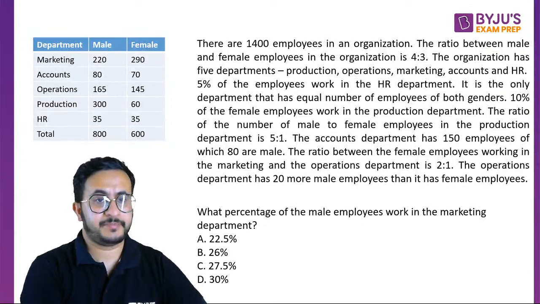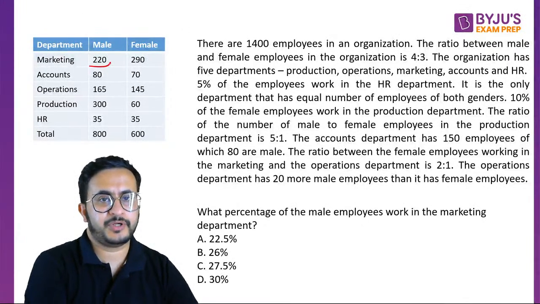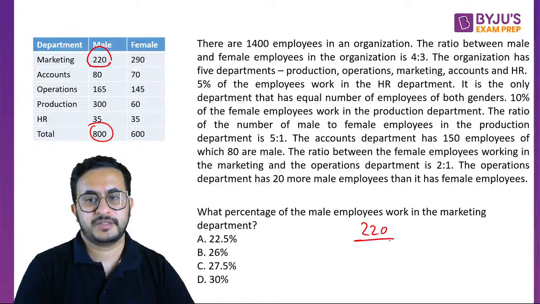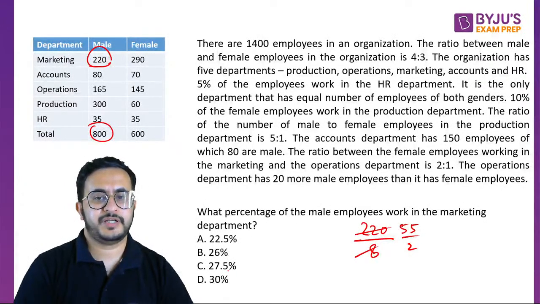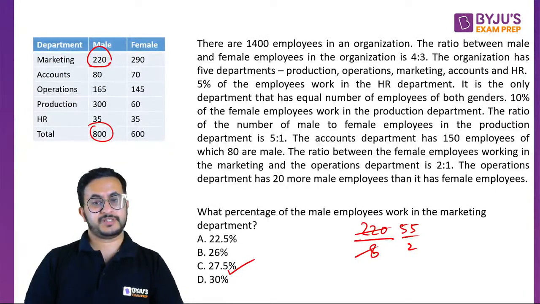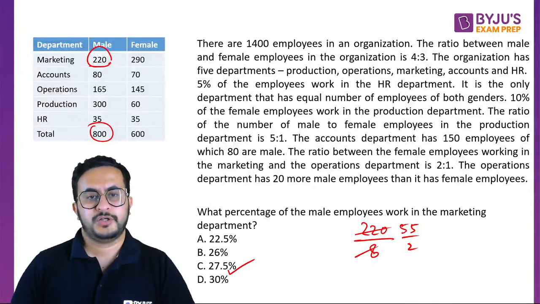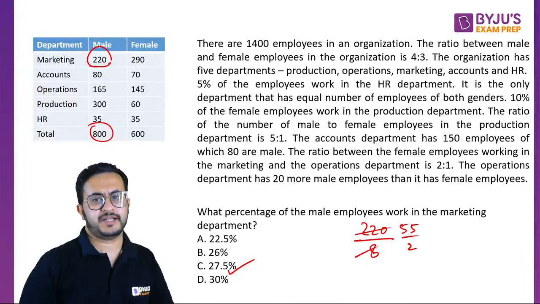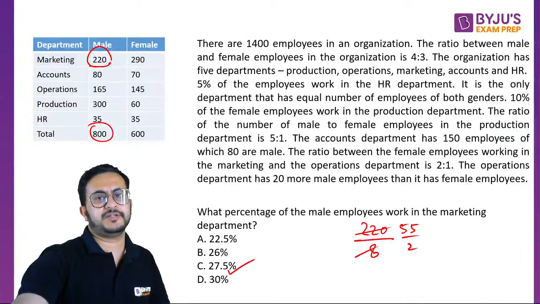In the marketing department, there are 220 male employees, and there are total 800 male employees, right? So 220 by 8 you can say. You can divide by 4, 55 by 2, which gives you 27.5%. So this is what you get as the level of questions.